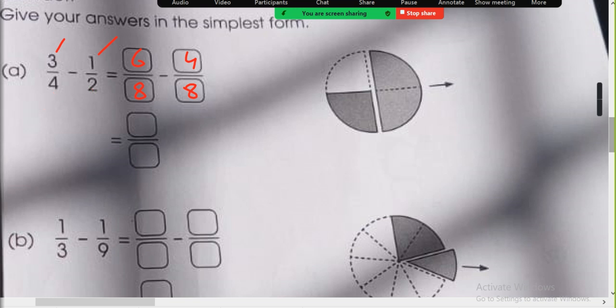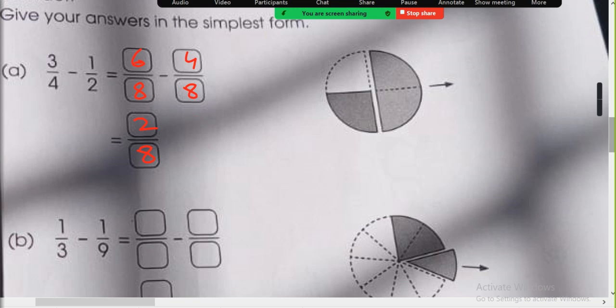Now we have the same denominator. When we have the same denominator, we can subtract. 6 minus 4 is 2, 2 by 8. What do we have? We have 2 by 8. Okay. And when we have something like this that is divisible by the same table, like these both numbers are divisible by the table of 2, we will divide them.